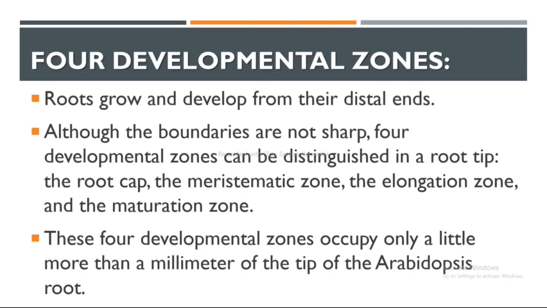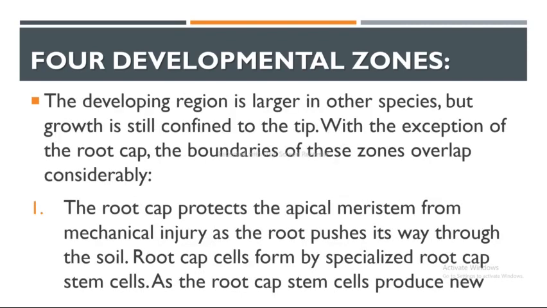So these four developmental zones occupy only a little more than a millimeter of the tip of the Arabidopsis root. The developing region is larger in other species, but the growth is still confined to the tip. With the exception of the root cap, the boundaries of these zones overlap considerably.